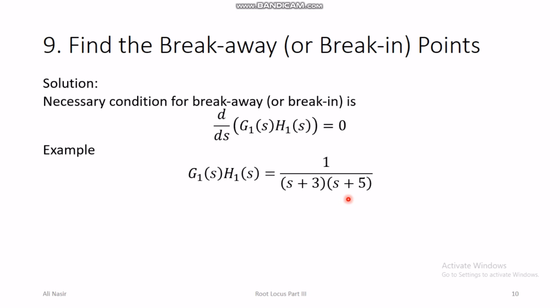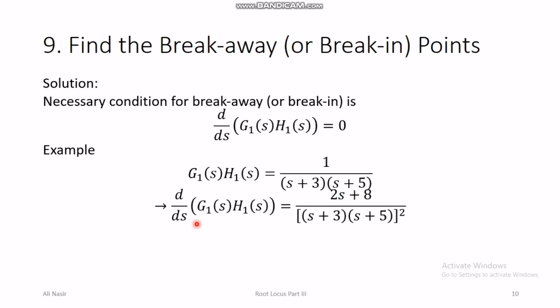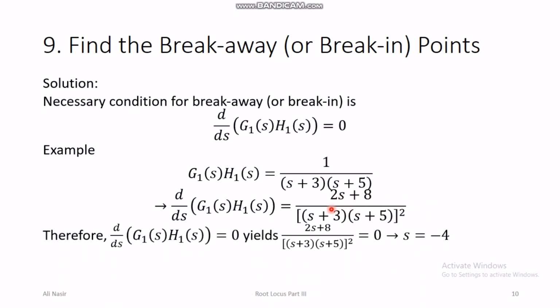When we take the derivative with respect to s, you already know how to take the derivative using the quotient rule. We apply the quotient rule and take the derivative. This is the derivative. When we put it equal to 0, the solution will be s equal to -4. So we know that for this type of open loop transfer function, one pole is at -3 and another pole is at -5.